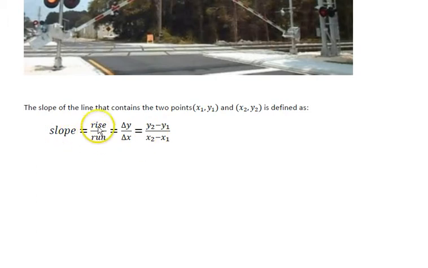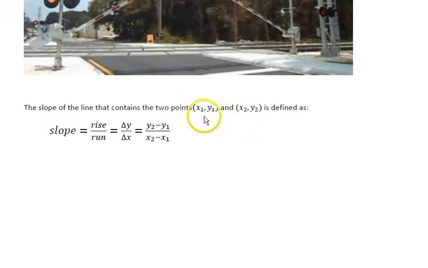The slope is the ratio of the rise over the run, which is the same as delta y, the change in y's, over delta x, the change in x's, or simply in terms of the points, the difference of the y coordinate values divided by the difference of the x coordinate values. Remember here, these subscripts are just part of the name of the variables. They have no mathematical meaning like an exponent.